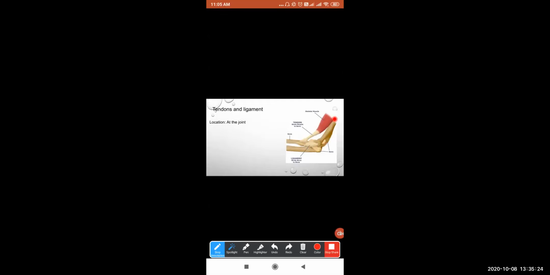Tendons help in joining muscles to the bones, whereas ligaments help in joining a bone to the bone. Remember, these are present only at the joints.